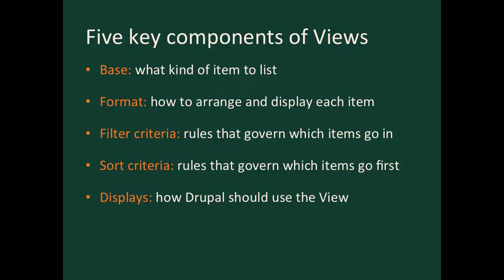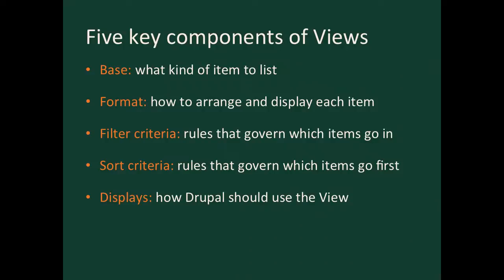The first is the base, which is the kind of item that we want to list in the view. The second is the format, which controls how we arrange and how we display each item. Filter criteria are the rules that we set to determine what gets listed. Sort criteria are rules that govern which items go first, the order of the items that are displayed.